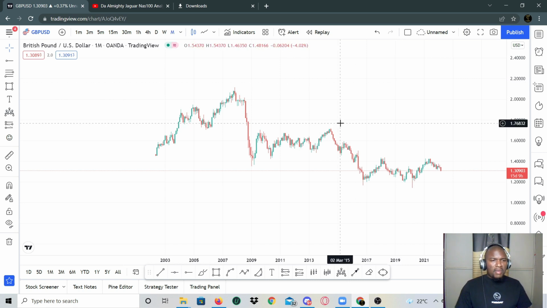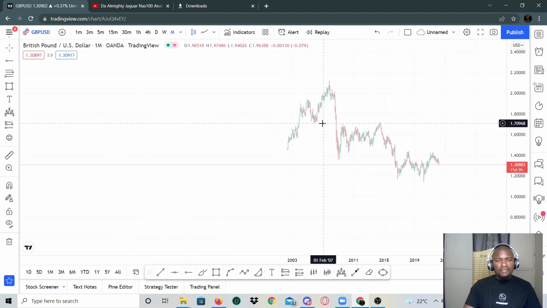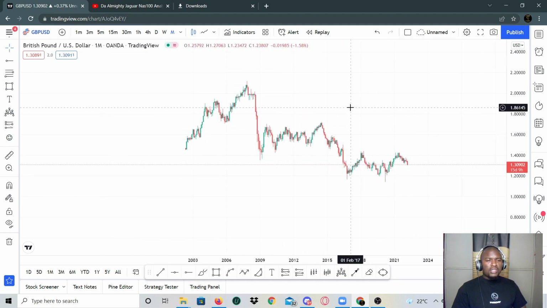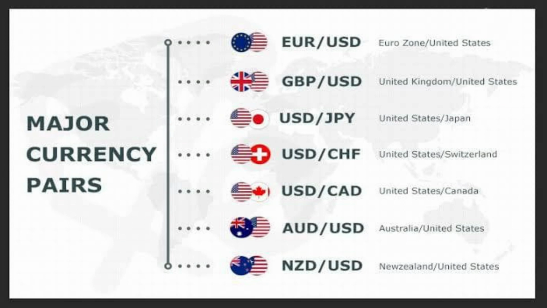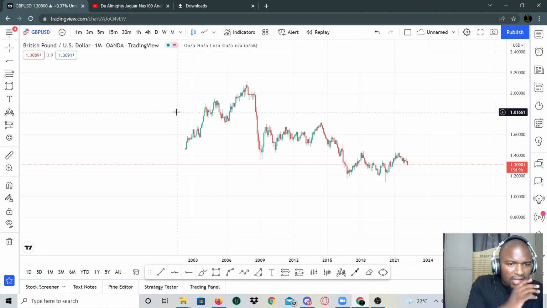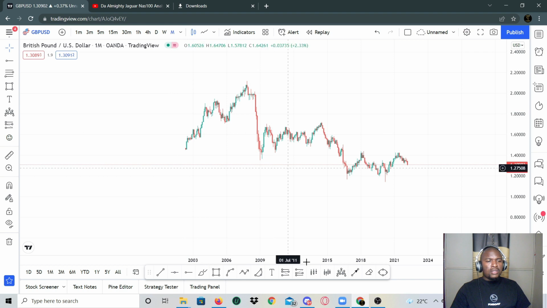The reason we are studying the monthly time frame is that we want to check specifically what price is telling us on GU. At this particular moment, guys, GBP/USD is looking bearish from a bigger time frame.